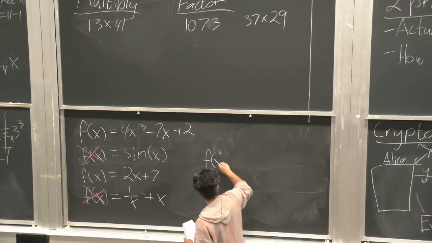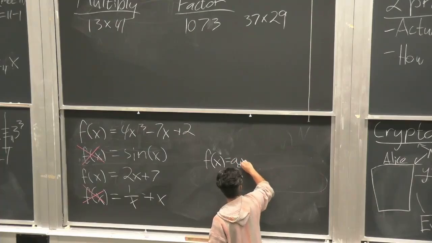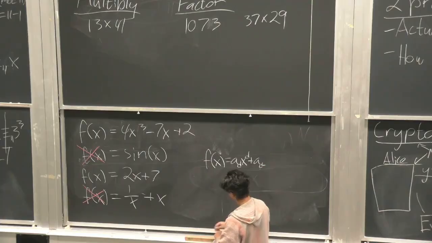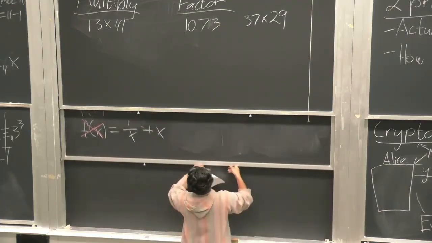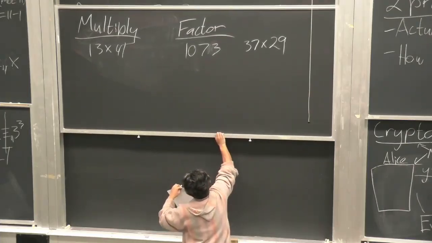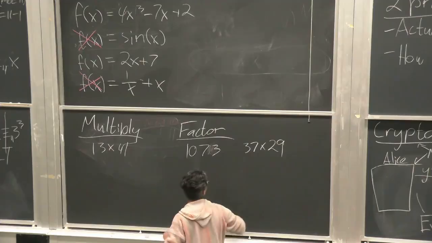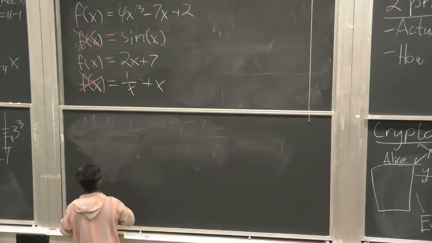And a polynomial is always going to be of the form a_d times x to the d plus a_(d-1) times x to the d minus 1, and so on. I don't think we need to talk about multiplying anymore. So what is a polynomial?